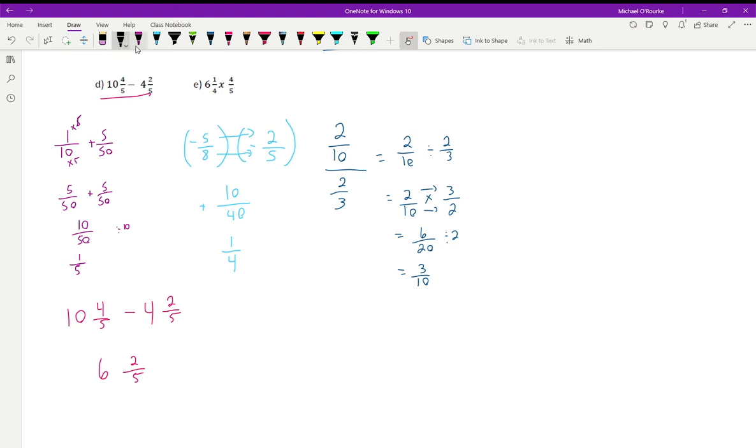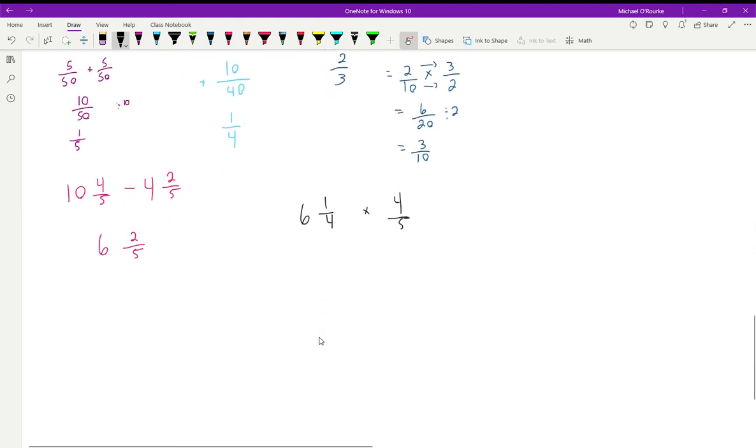And lastly, 6 1/4 times 4/5. Now we can't do that here. We have to make this into an improper fraction. So the way we do that is we go 6 times 4, so we get 6 wholes, and we figure out how many that is. That's 24.